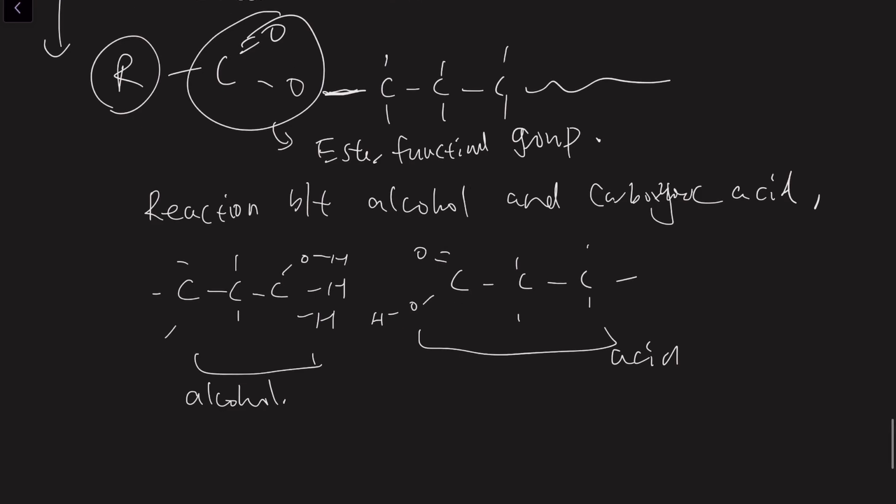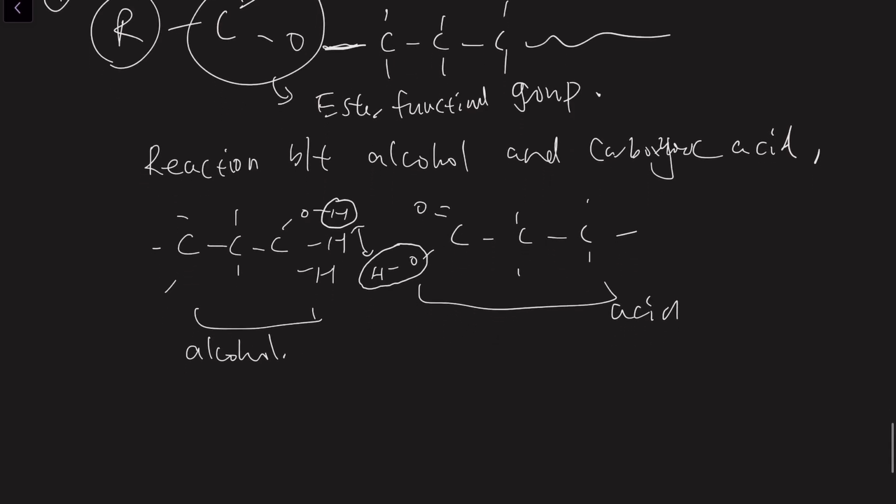So the H attached to the hydroxyl group would react with the OH in the carboxyl group to form water, so H2O. And then, after you form water, the two oxygen atoms are connected to each other.